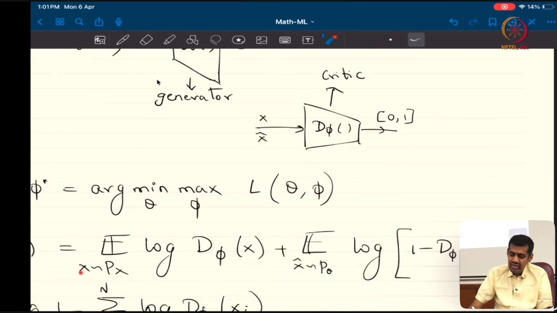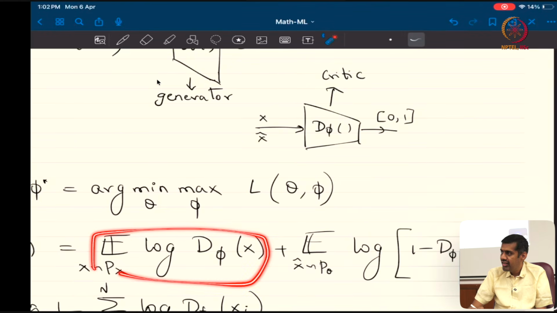So this is nothing but the negative of the entropy of the random variable that will give you the probability of this particular x coming from the true data. So when will this d phi of x be maximized? If it gives 1, it will get maximized. When would it give 1? When it is coming from the true data.